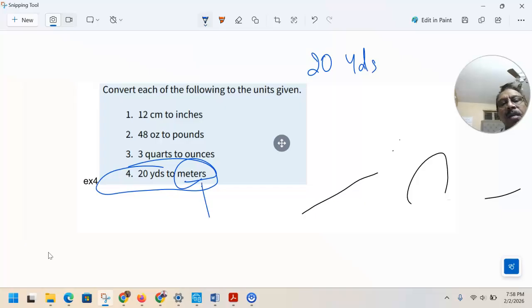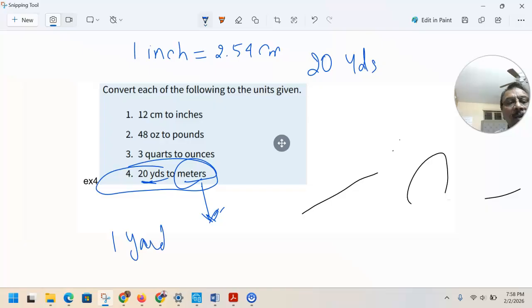To change this into meters, of course, if you can do that directly, but I wanted to change yards first, because our main thing is 1 inch is 2.54 centimeters. So first we'll change yards to feet, because we know 1 yard is 3 feet, and 1 foot is 12 inches.